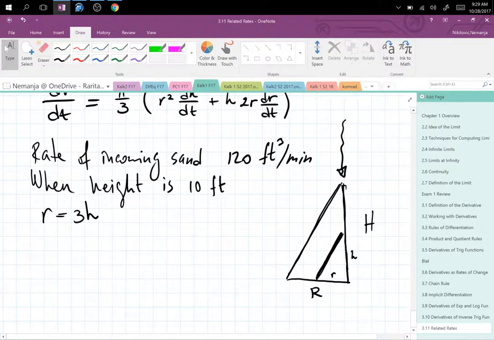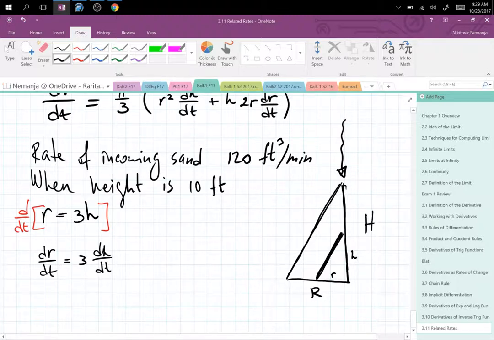What I know is that the ratio of radius and height is 1 to 3. Now, if I differentiate, I get the ratio of the speeds of their growth. So dr/dt is 3 dh/dt.